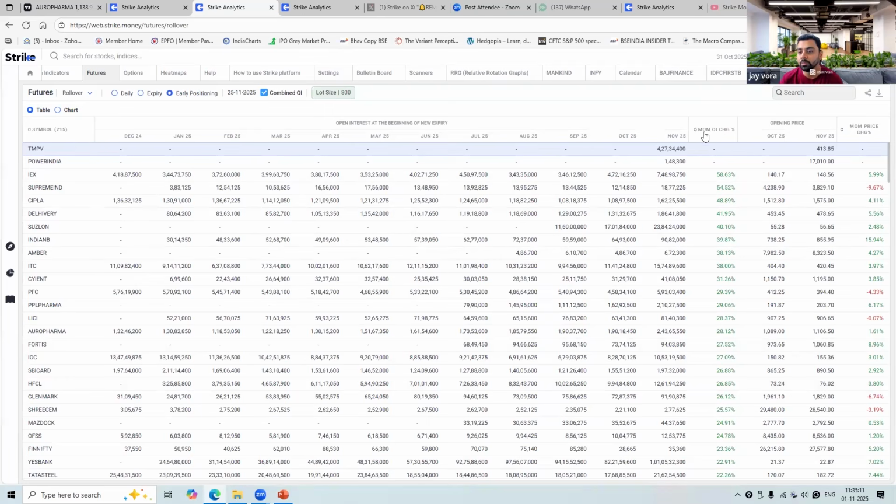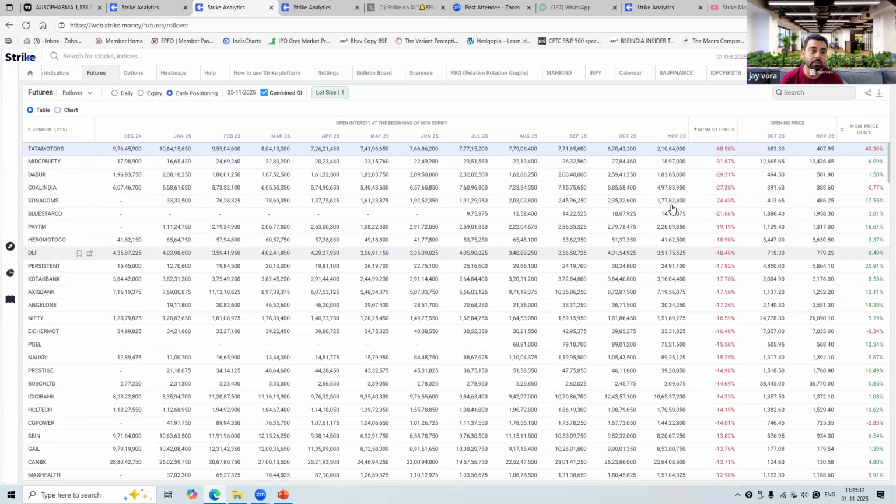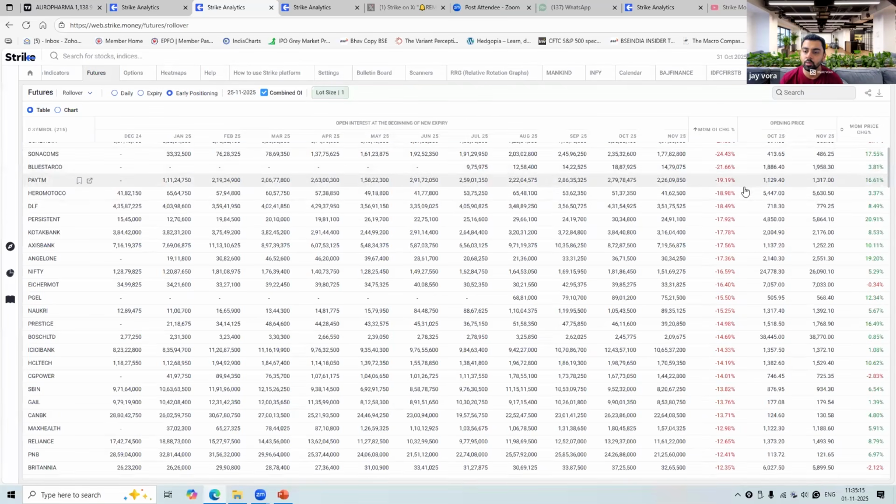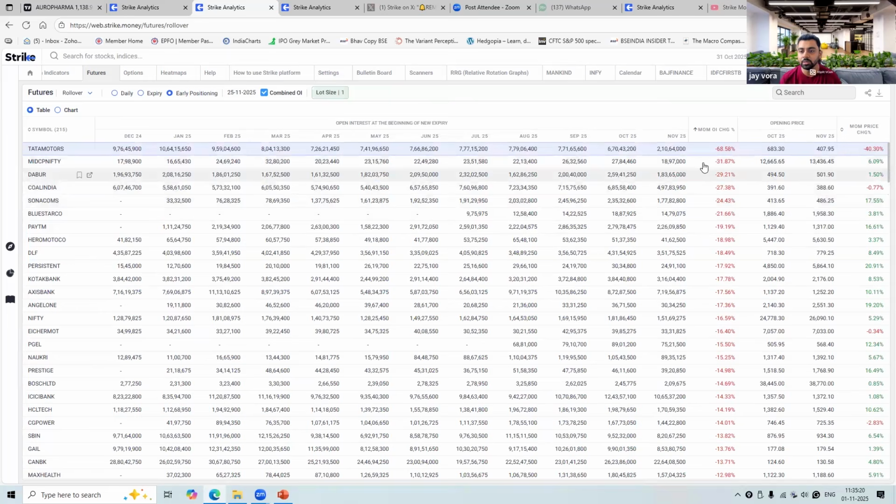Now again, you can do the similar thing for the stocks where the open interest is very low. So say over here, I'm not considering Tata Motors because the demerger and all has happened. But say for example, Dabur also, if you actually see, it is not low.